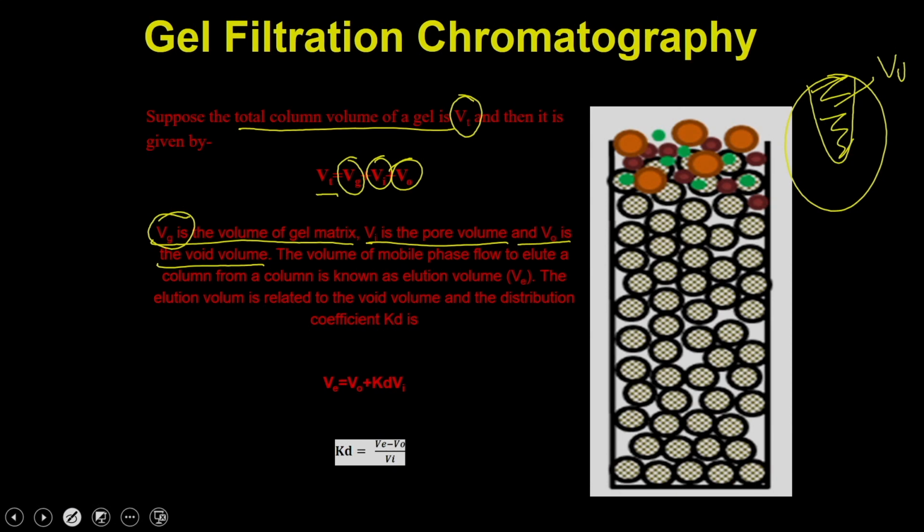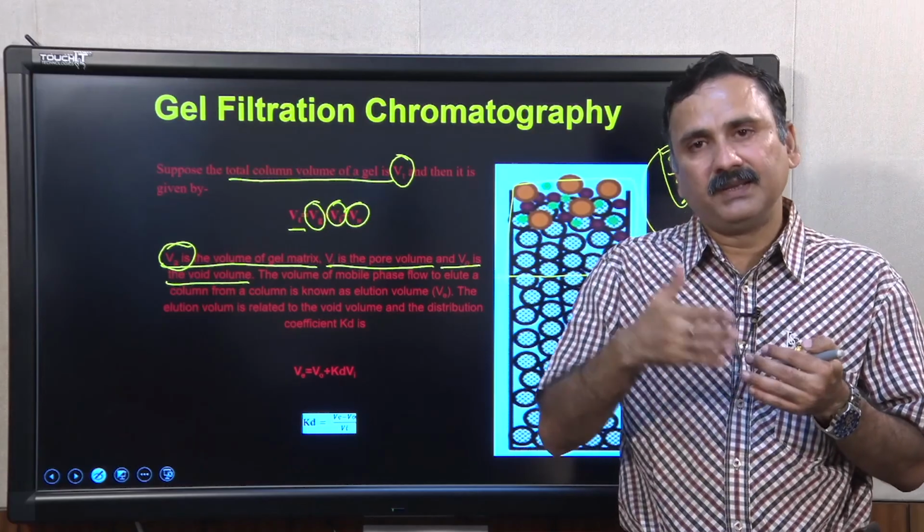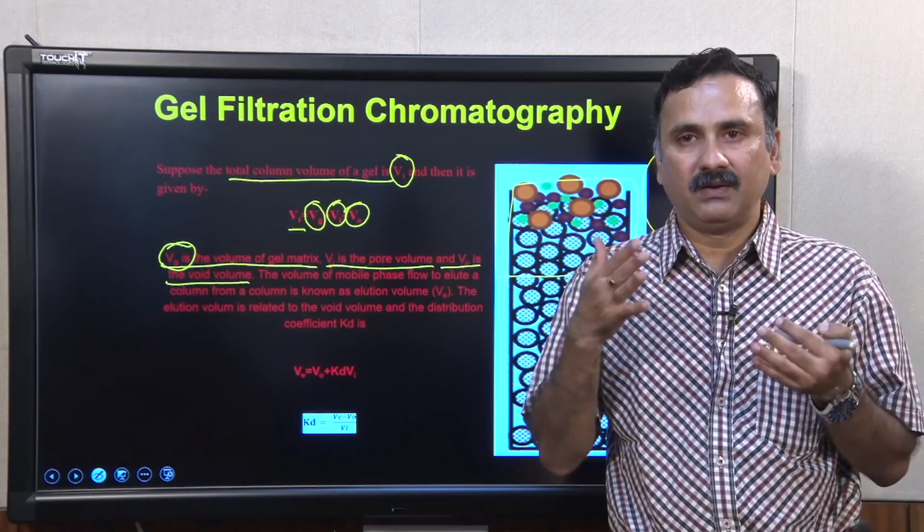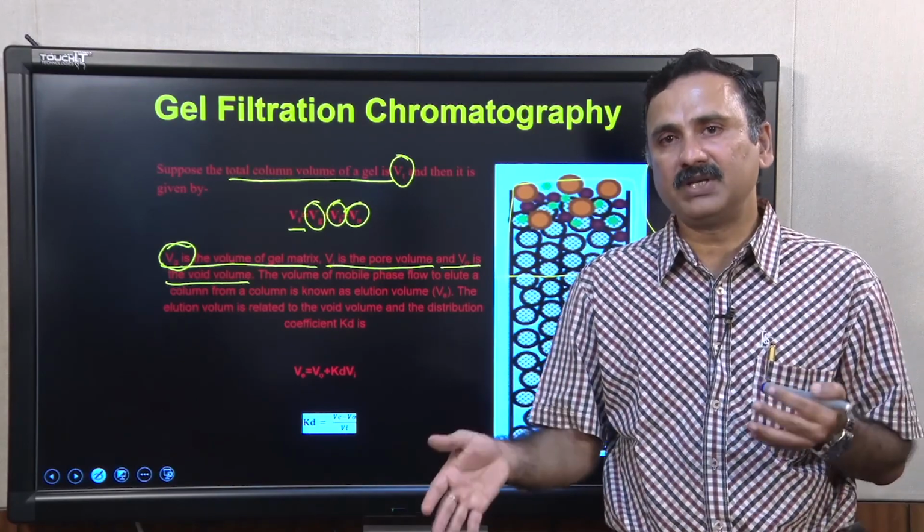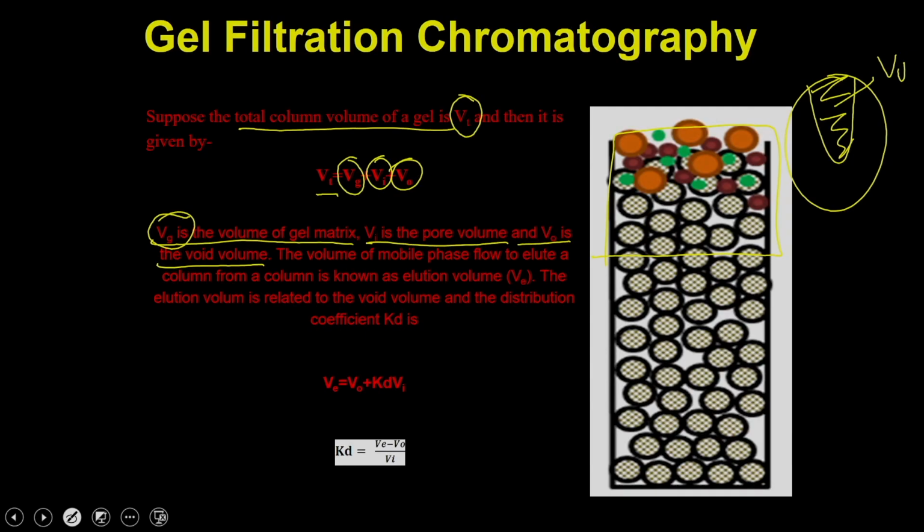If you take this column, the region which is present in between the beads does not participate in the fractionation. So, that is called the void volume.